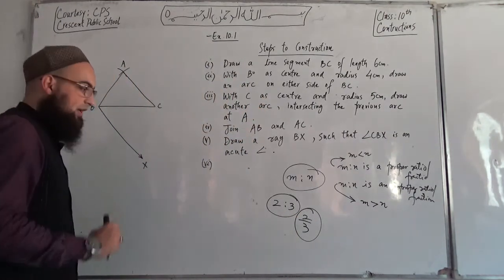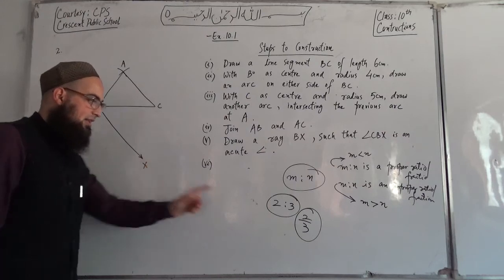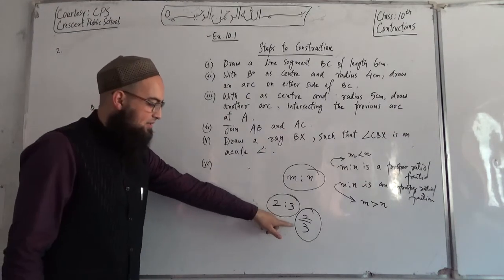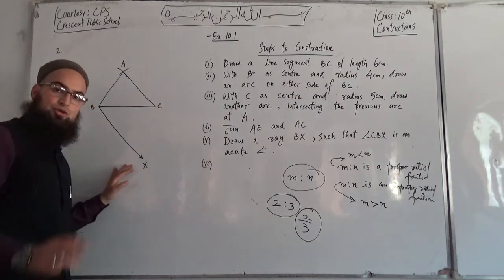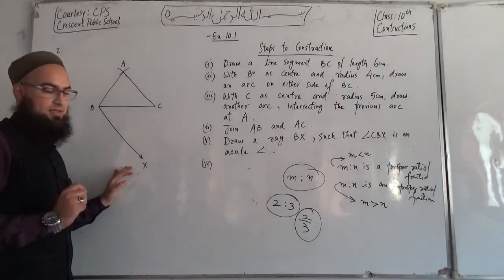Now what will we do here? We will take the larger one. Which is the larger one? 3. So divide Bx into 3 equal parts. Why 3?